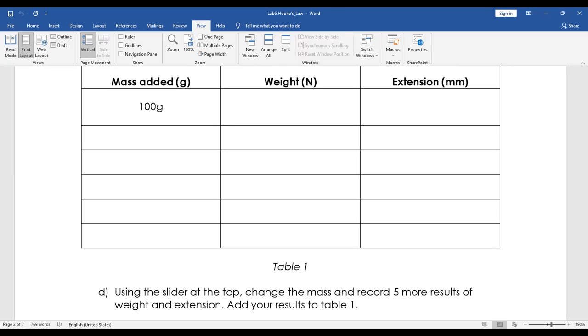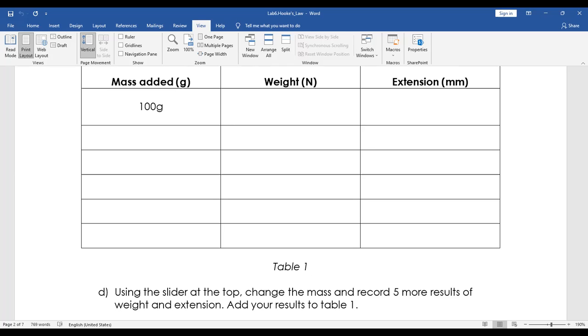What about 160 gram? 160 gram is 0.16 kilogram. 0.16 times 9.8 is 1.568. That we are going to check with the simulator.